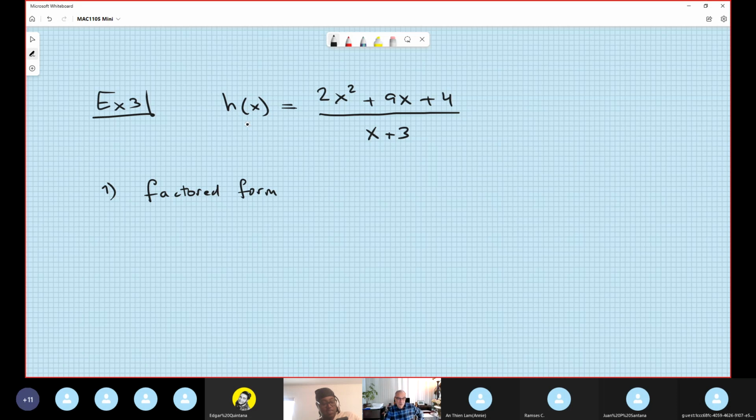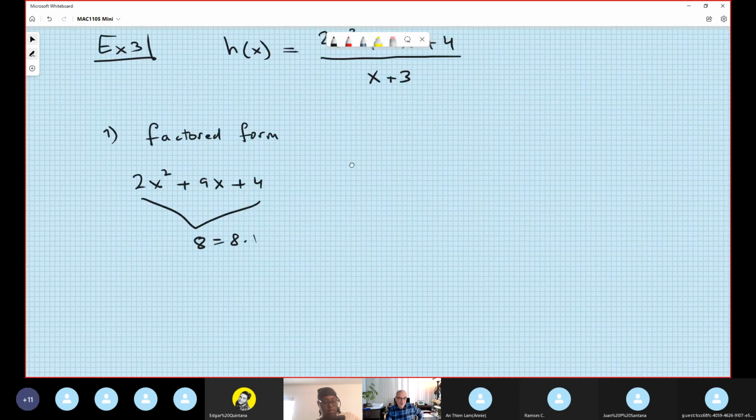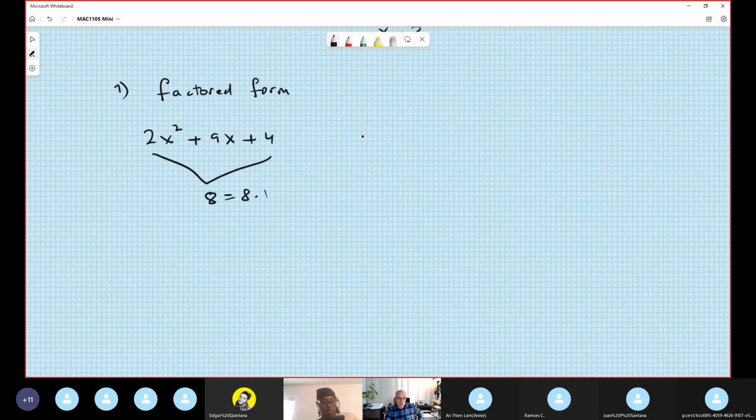Okay, so you take the trinomial, 2x squared plus 9x plus 4, and you multiply those numbers. It's 8. I suppose the combination is 8 and 1, because 8 times 1 is 8 and 8 plus 1 is 9. So you split our trinomial, using not 9 anymore. You're using 8x and 1x plus 4.